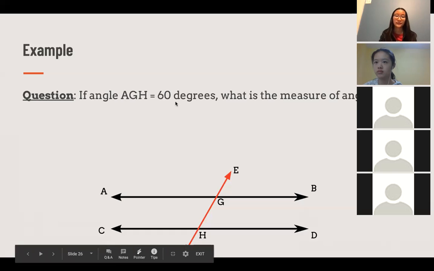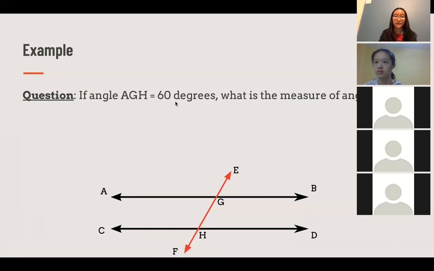All right, here's a hint. Angle AGH and FHD are not alternate interior or alternate exterior angles. You need to find another angle that is congruent to AGH first.